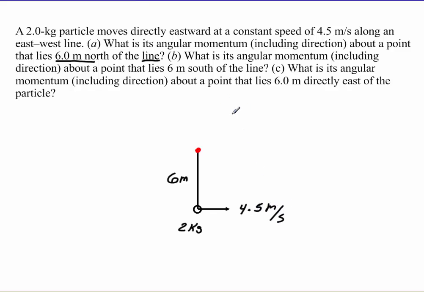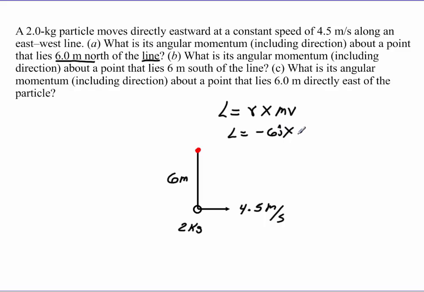Okay, so now we can do this two ways again. L is going to equal the cross product of r cross mv, which is linear momentum. So when I do that, if you do it with the cross product, this would be -6 cross product, and you can make it j hat if you want to.